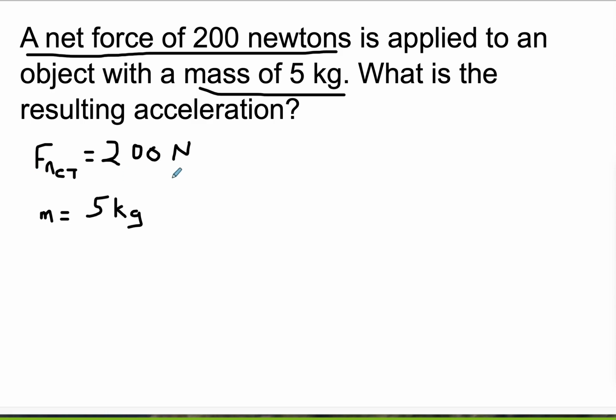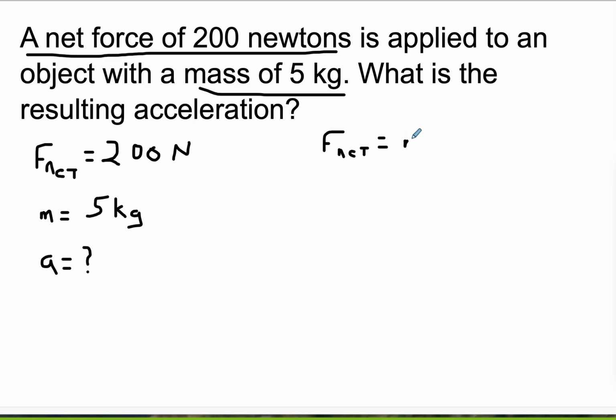So I have an applied force of 200 newtons, a mass of 5 kilograms. I want to know what is the acceleration. So I write that on my paper. Remember, that's 4 out of 10 points. And then I'll write down the equation I'm going to use.